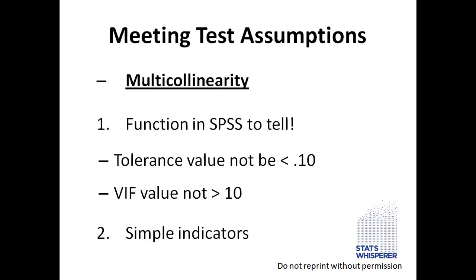So if the tolerance is not below 0.10 and the VIF is not above 10.0, then we assume that multicollinearity is not an issue. These are simple indicators, so you know right away if something's going on you need to address.